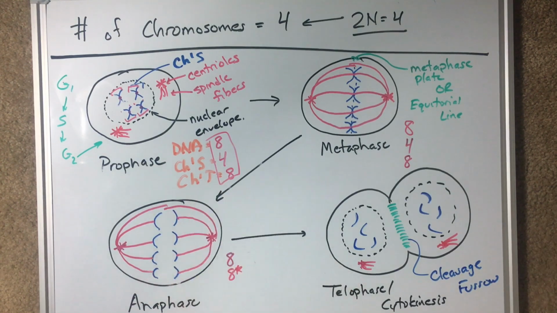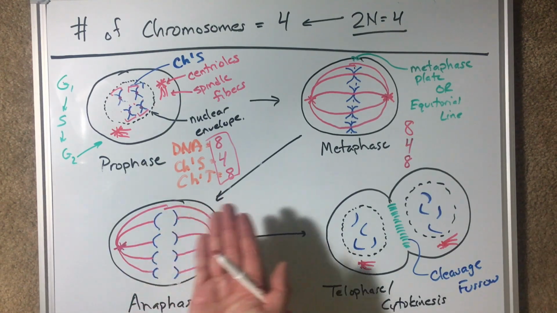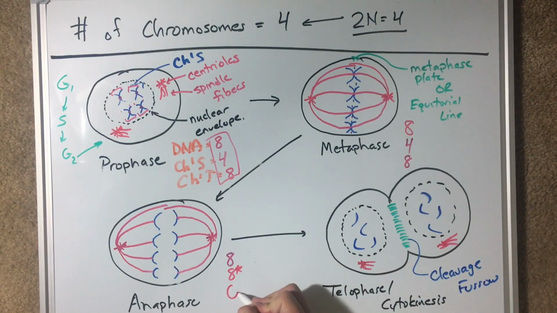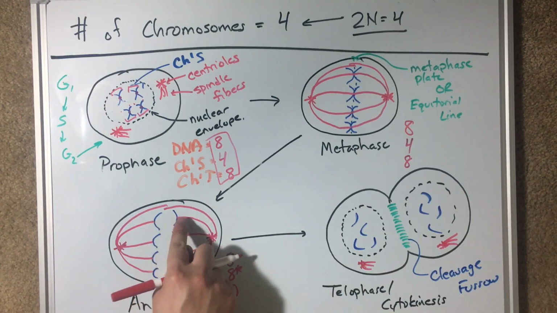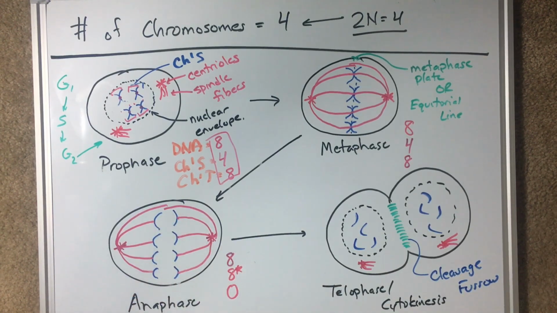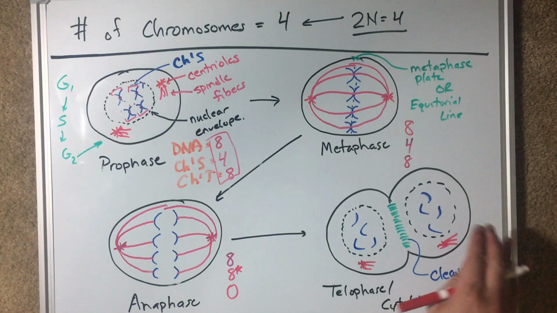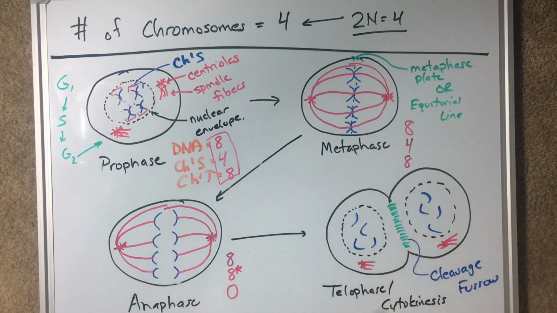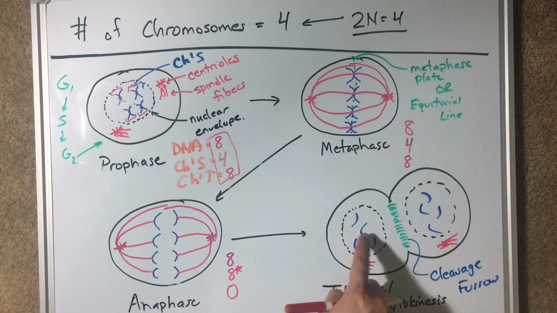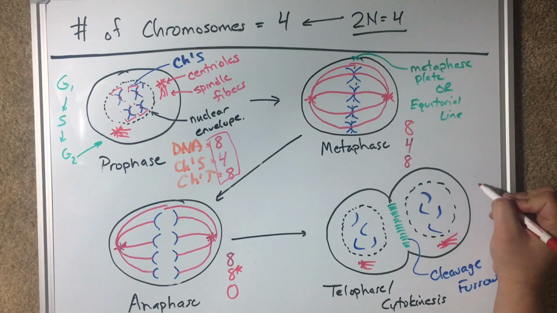And how many chromatids do we have? Well, we don't have a centromere. They're not connected at the centromere, so it's got to be 0. And lastly, for mitosis, right over here on telophase and cytokinesis, how many DNA molecules do we have? This is tricky now. We have 1, 2, 3, 4. So it's 4.